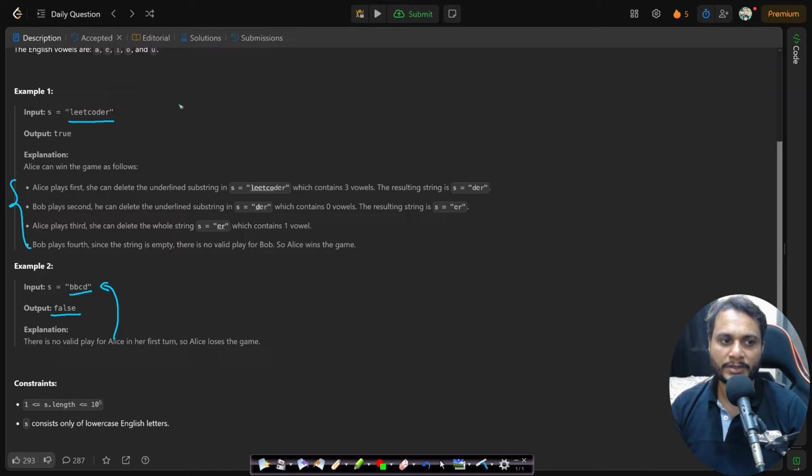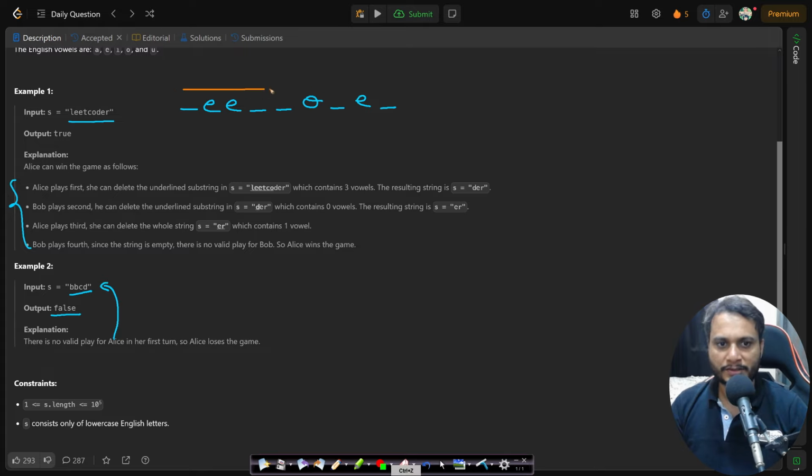Here, what happened was you had L, E, E, and then you had T, C, O, then you had D, E, R. So if I just write all the vowels, then initially, since Alice has to pick an odd number of vowels, she can pick all the 3 vowels.